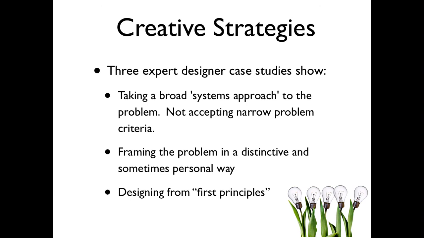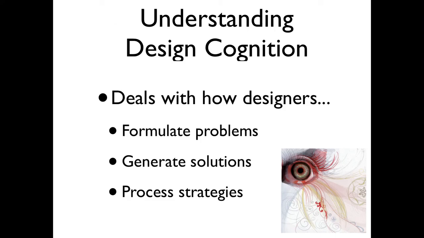And in the final chapter from Cross, Understanding Design Cognition, he's basically dealing with themes of how designers formulate problems, generate solutions, and process strategies. This chapter is almost a literature review of design research, where he goes through a lot of existing empirical design work and pulls out important themes that seem to occur.